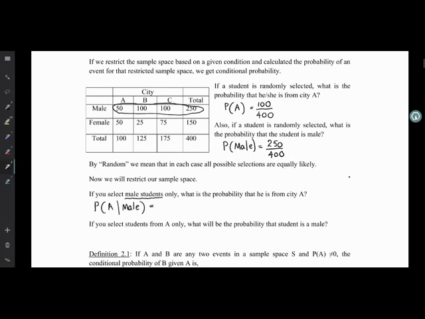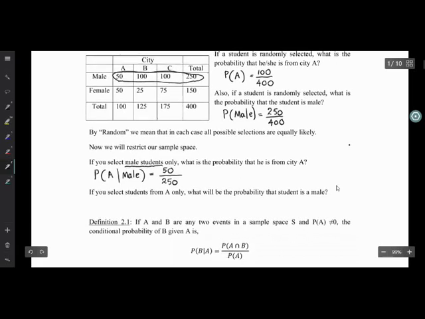This is not the division, this is the straight line. So we read it as probability of A given male. Now let's try to find the probability. Since our sample space is now only 250, we have 50 students from city A out of 250.